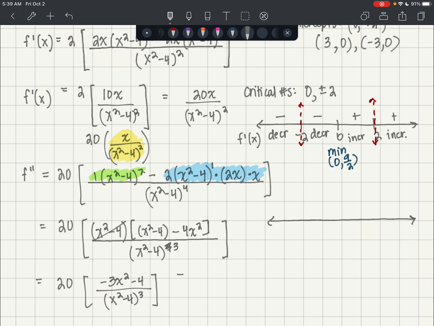Let's look at this. If I have negative 3x squared minus 4 equals 0, that's not going to give me anything, right? Because x squared equals a negative number. That's not possible. So that's not going to give us any numbers. So the only numbers that we have are those restricted values, negative 2 to 2.